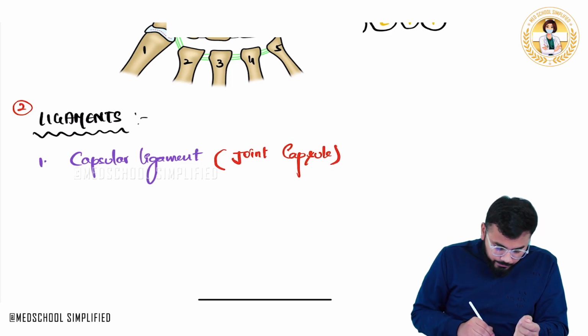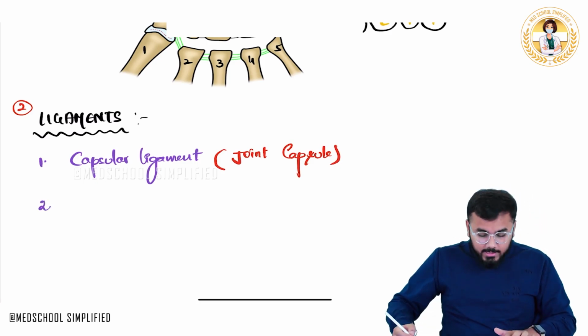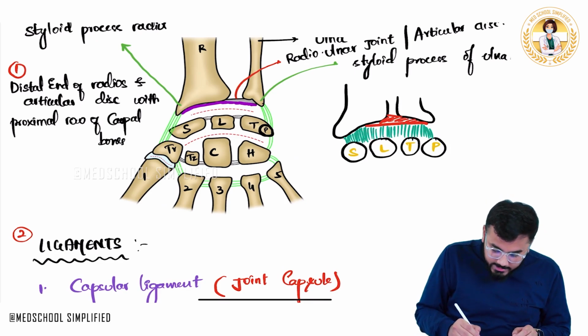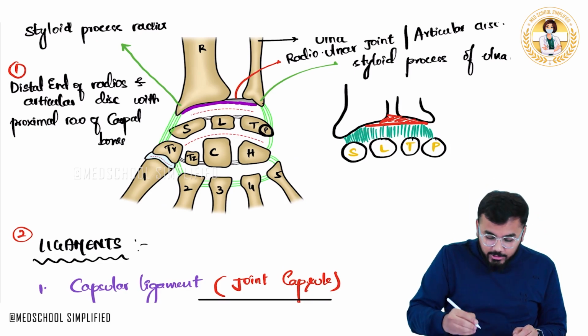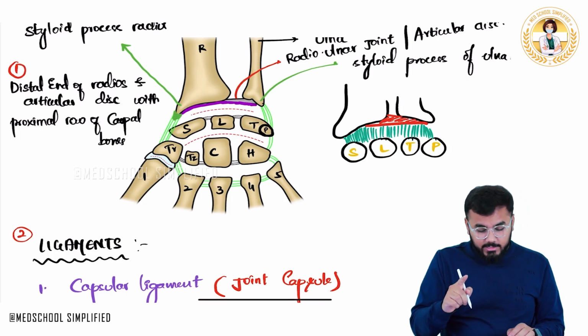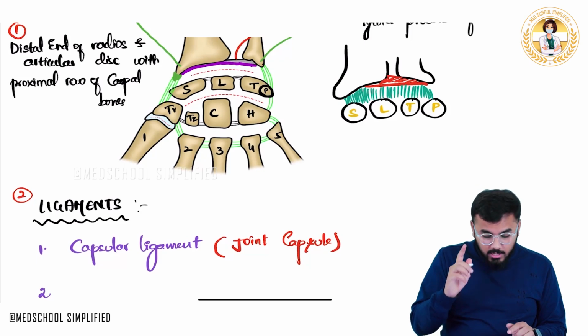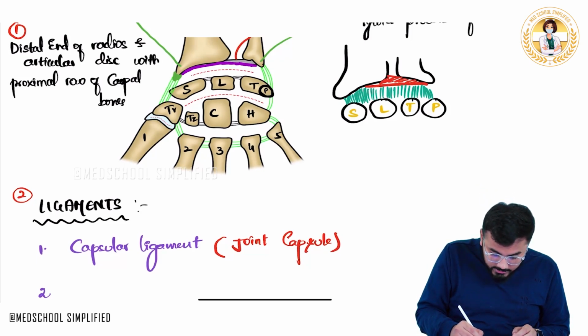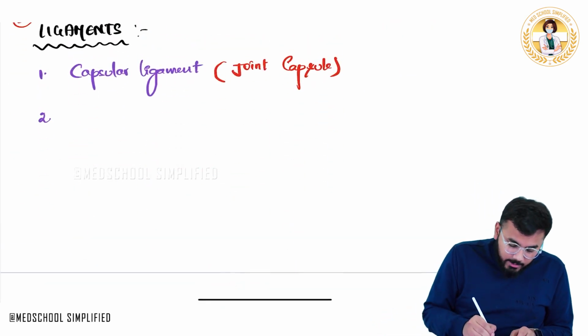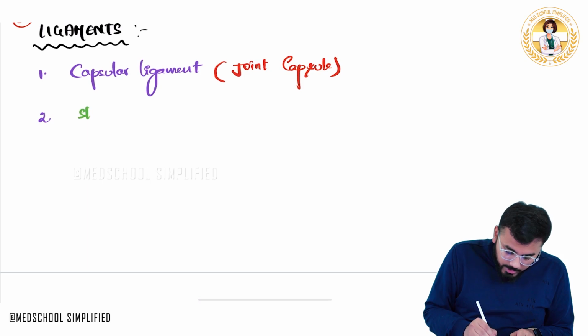Second important thing is that there is also a ligament. If you can see here very clearly, there is a ligament that is attached to the styloid process of the radius, right? I told you this is the styloid process of the radius. From the styloid process of the radius, it is attached all the way to the trapezium. Okay, so what is that ligament?